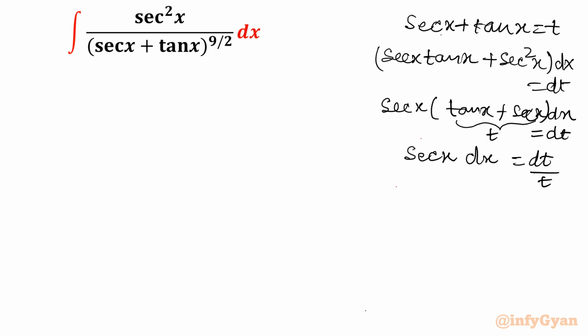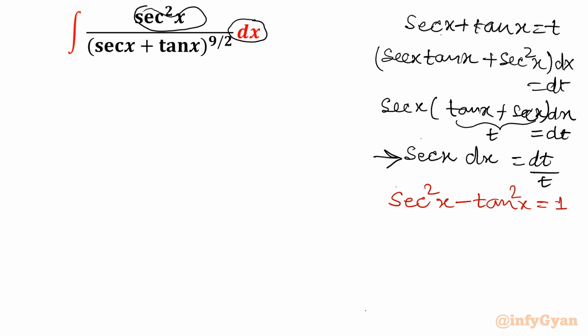Now the point is that sec square is there, so only for one sec x dx can I substitute dt over t. For the one extra sec x, see the manipulation. I will consider one trigonometric identity, that is sec square x minus tan square x equal to 1. This is what we know.